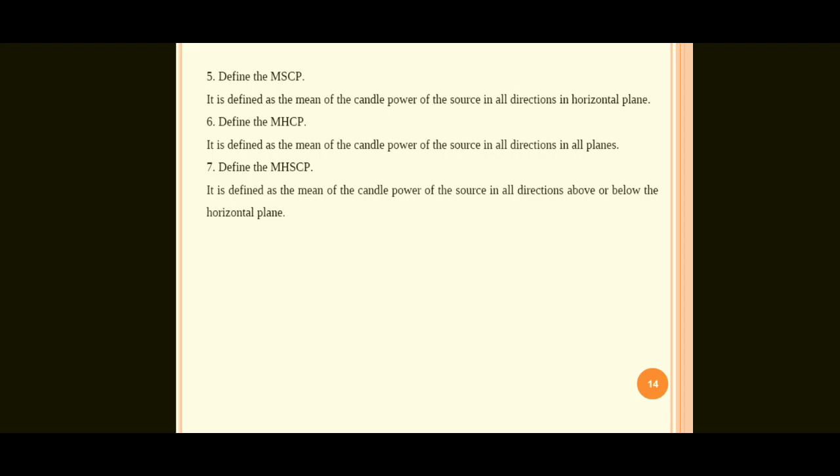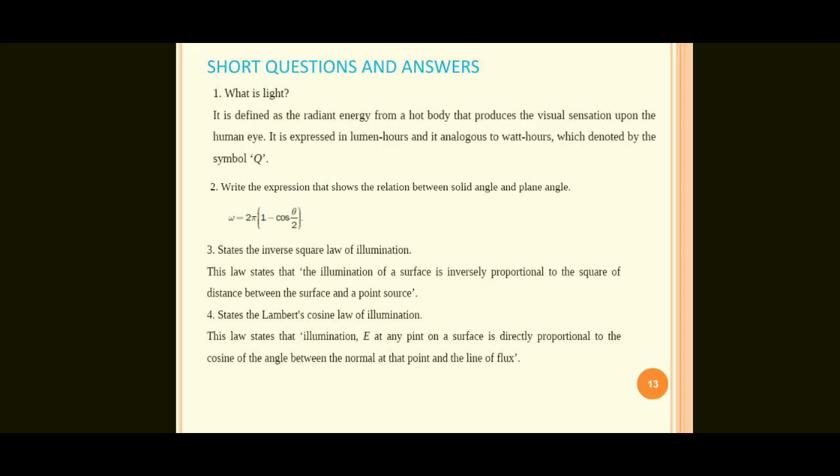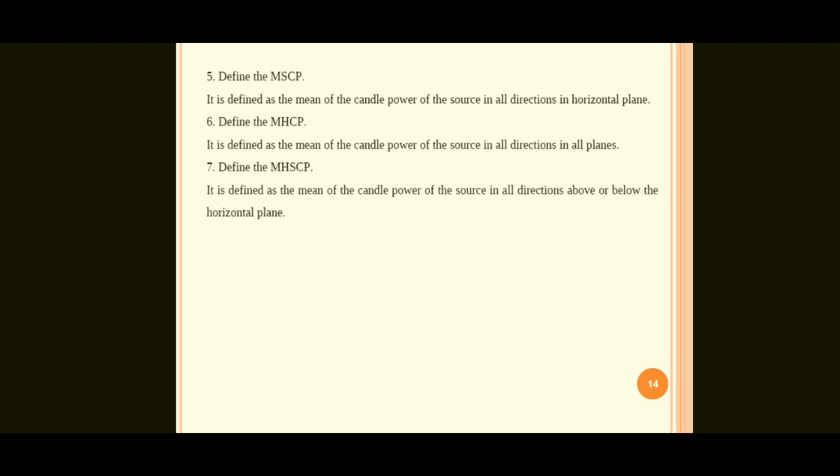So these are the short questions. First one, what is light? Second one, relation between solid angle and plane angle. Third one and fourth one, laws of illumination. Fifth one, define the mean spherical candle power, mean hemispherical candle power, and mean horizontal candle power.